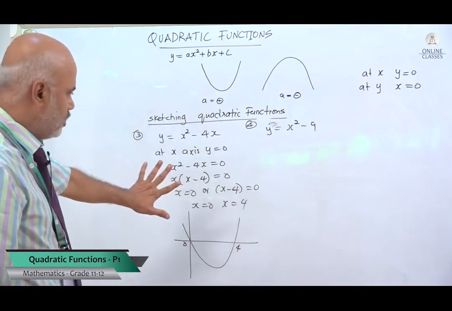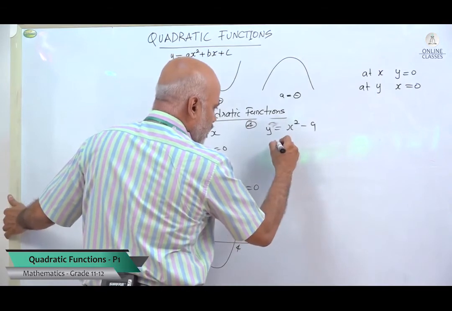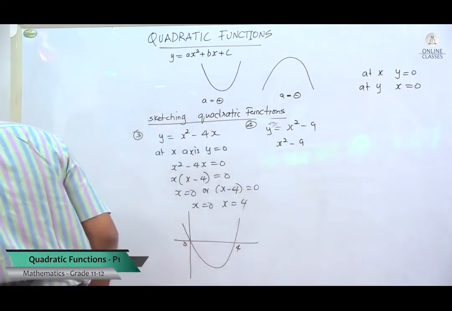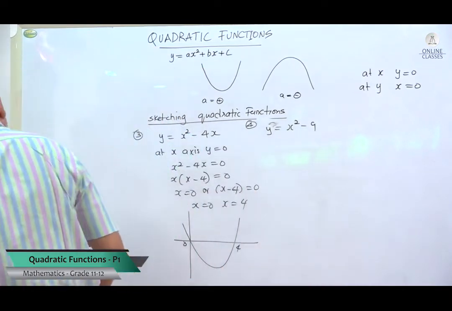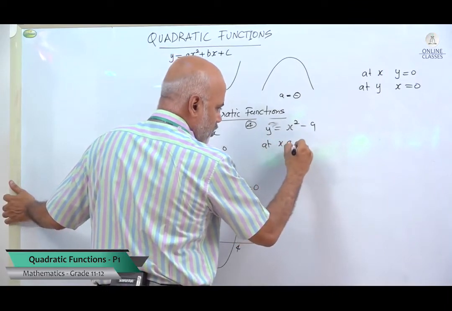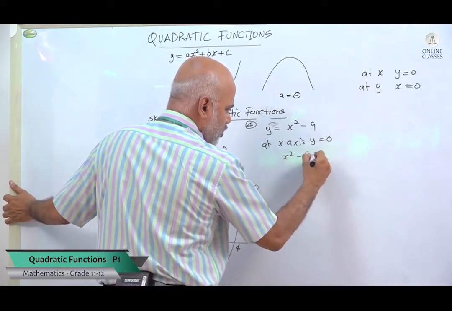It's an easy one. What about the next one? Again, you will be taking x square minus 9 is equal to 0, to find the intersecting points with the x-axis. At the x-axis, y is equal to 0.